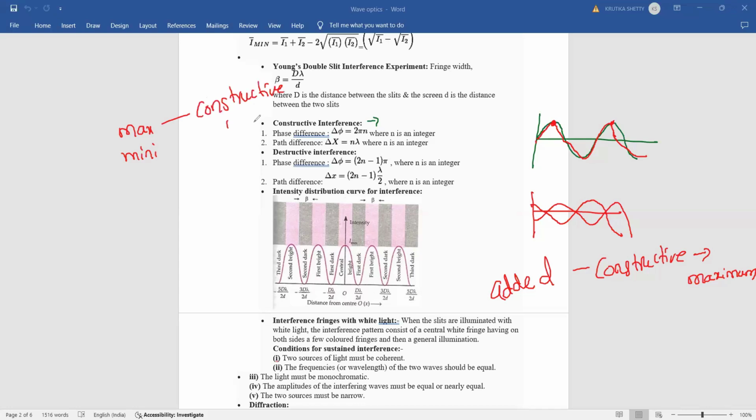When the crest or the trough fall on each other, we get constructive interference, giving the maximum intensity. Understood? Similarly, destructive interference.